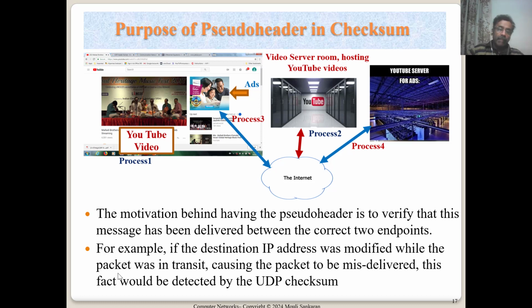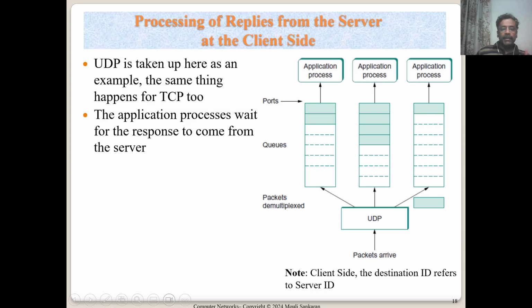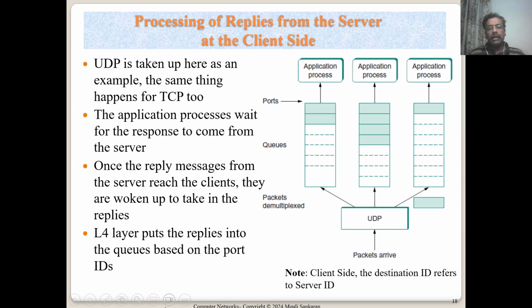Maybe it is meant for some other machine, somebody else has created a UDP request and then it lands on your machine. Then it should not be happening, right? So, you have to make sure that the UDP checksum takes care of that. That's why they have included the source IP address and destination IP also in the calculation of the UDP checksum. Okay, so that's all I want to say.